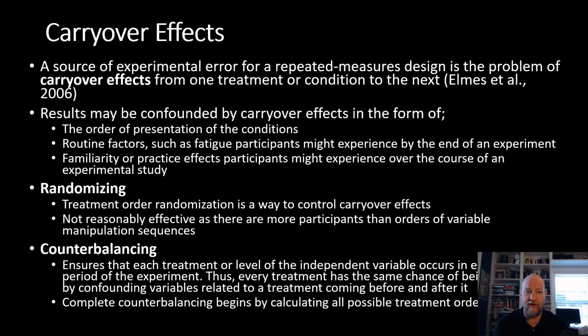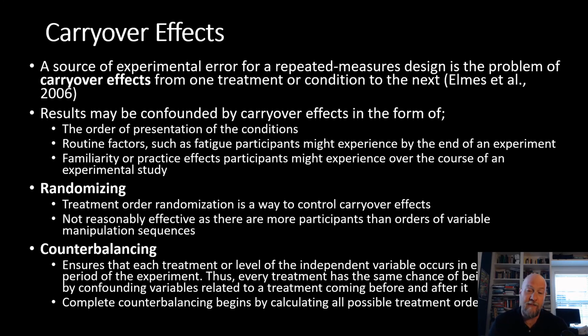There might be a reason why if you receive treatment B at that point in time, it's going to impact, for example, how you receive treatment A. It might be something very routine. It might just be that by the fourth time the person sees the test, it's been a few hours and now they're fatigued, they are losing focus, so that could affect it. So the order can have a factor in affecting their performance on the dependent measure just by virtue of the time that's passed or fatigue factors.